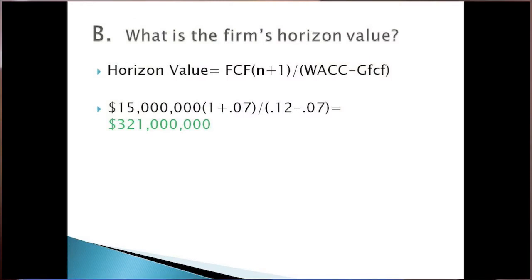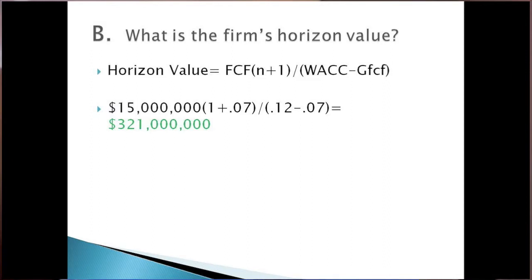Perfect. Moving on to B, what is the firm's horizon value? So here on the PowerPoint you see there's a horizon value formula. For the horizon value, you're going to need to find the free cash flow of the next year after the 4th year of projected estimates, which is the 5th year. So you do this by taking the free cash flow of the 4th year, which is 15 million, and you're going to multiply it by 1 plus the growth rate, which is 0.07.